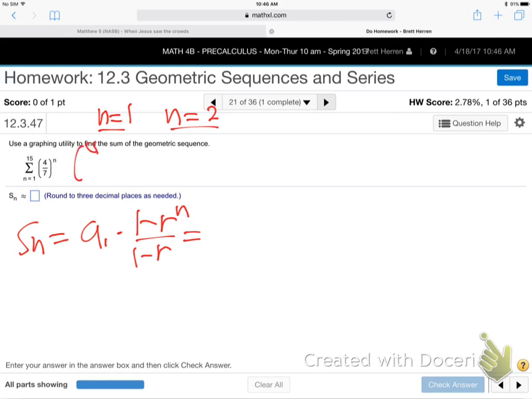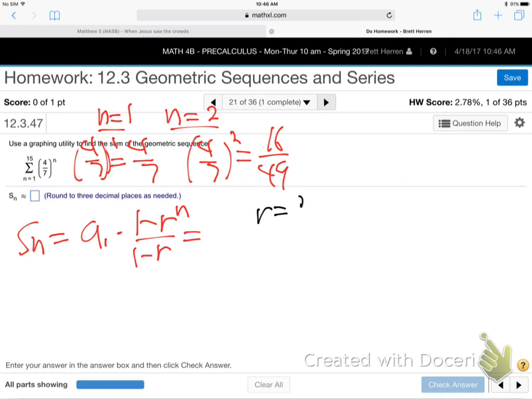Just the first two is probably all you need. The first one's going to be 4/7 to the 1 power, which is just 4/7. And the second one's going to be 4/7 squared, which is 16/49. So there's the first term and the second term. That also allows me to get r, because r is always second term over first term.